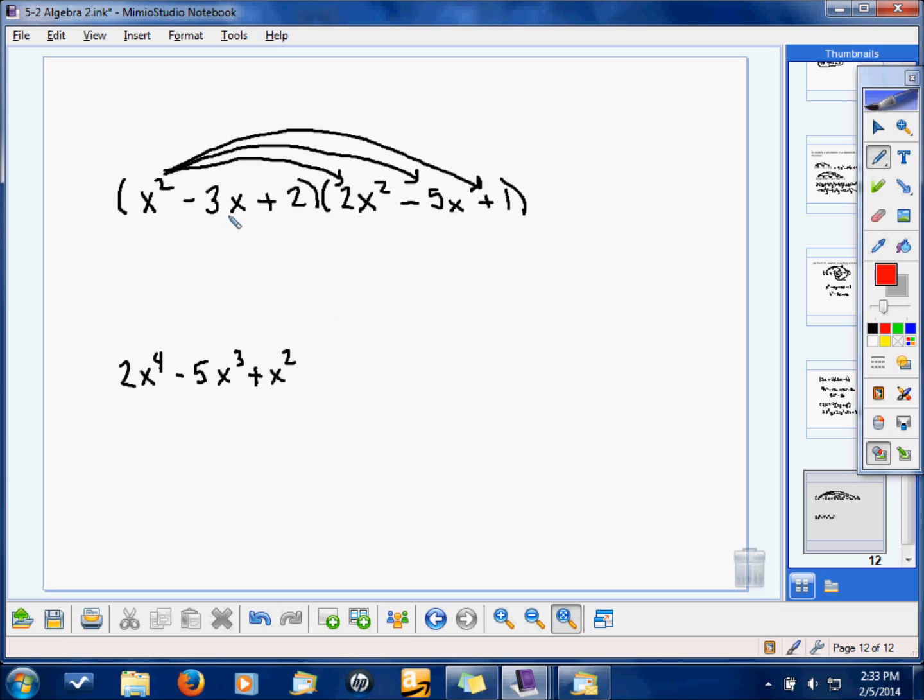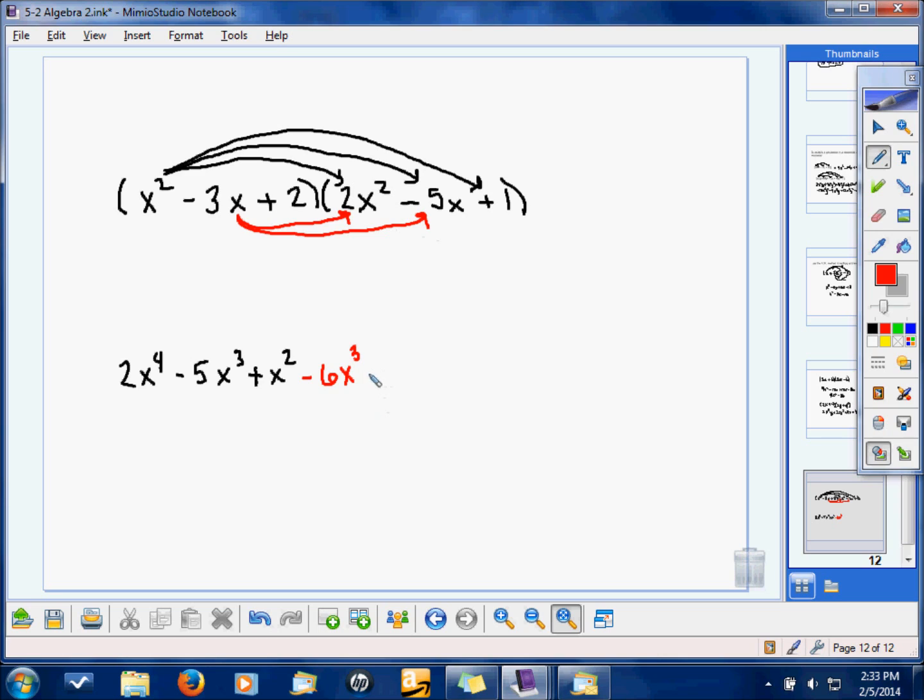My second set, I'll just pick another color here. I want to take this negative 3x and multiply that times everything over here. So we'll start with negative 3x times 2x squared. That gives you negative 6x cubed. Then we will take this negative 3x and multiply it times negative 5x.